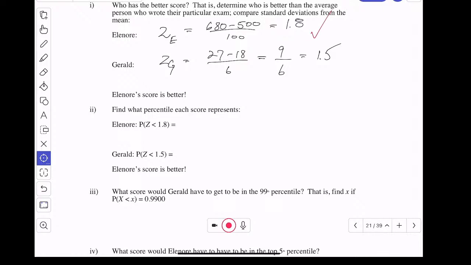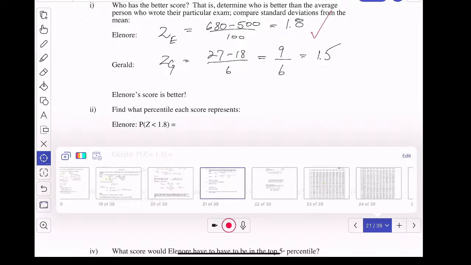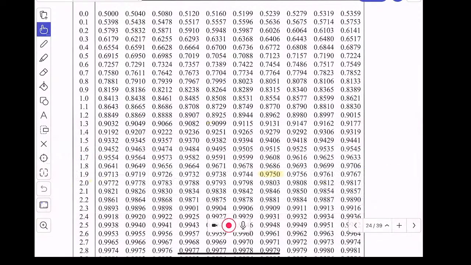When you get a test result from a standardized test, they don't tell you where you are in terms of standard deviations, they tell you in terms of percentiles. So what I need to look up is 1.8 and 1.5. So I look up 1.8 for the area to the left. So 1.8 is this one here, and 1.5 is this one here.